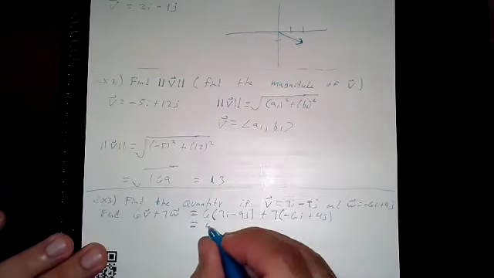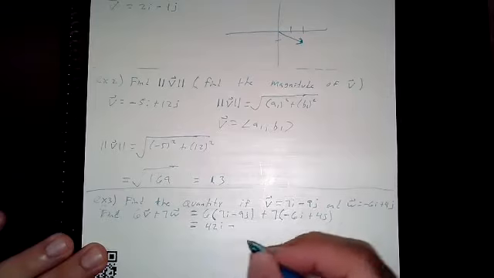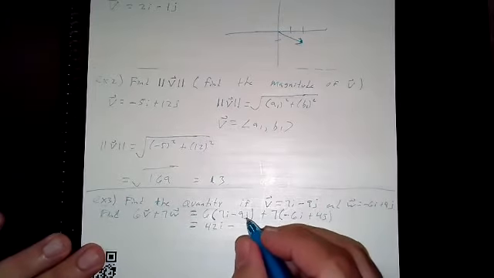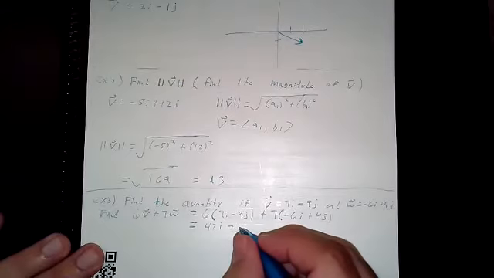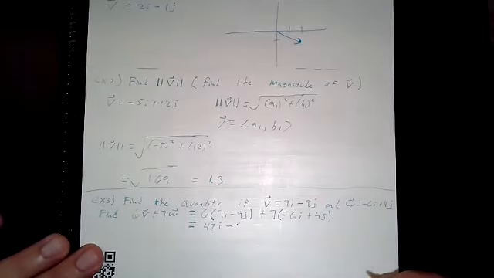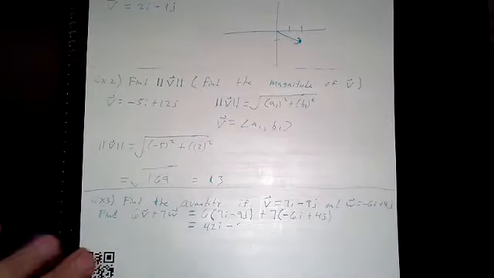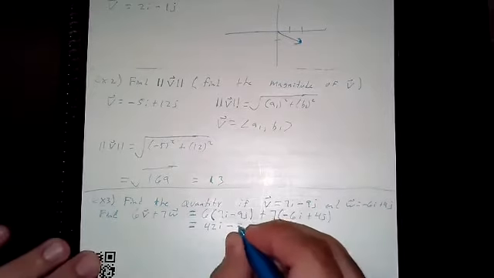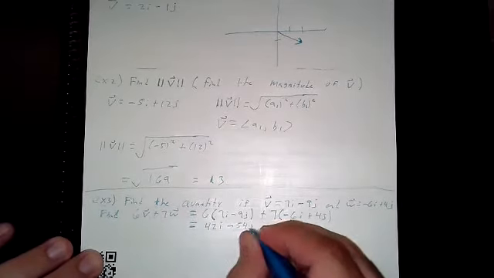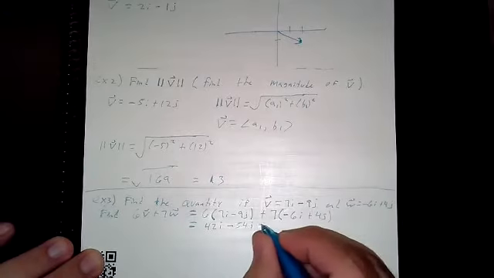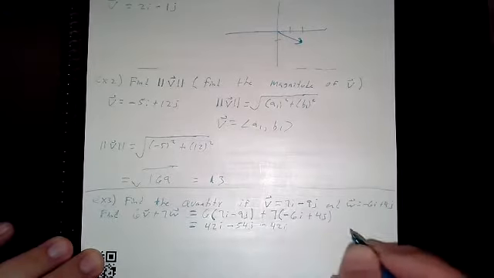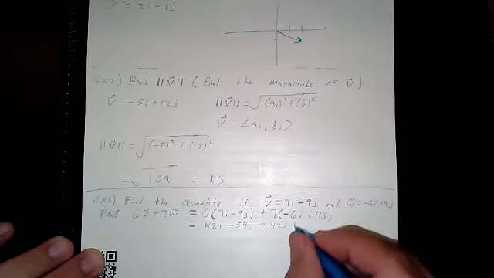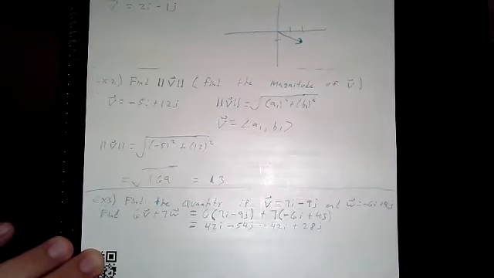So that'll be 42i minus, 6 times 9, so it's going to be 54. Then 7 times 6, and 7 times 4. So all we're going to do now is combine the like terms.